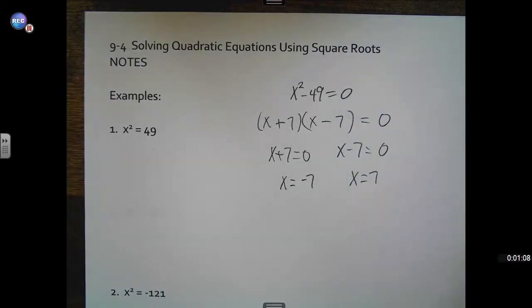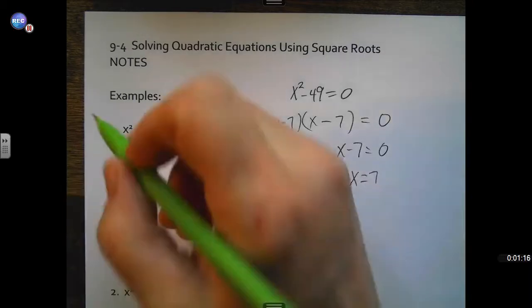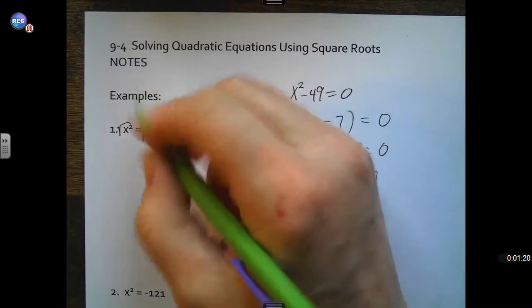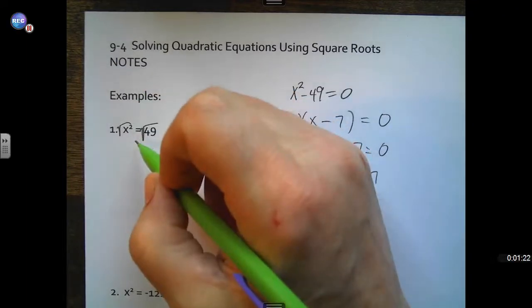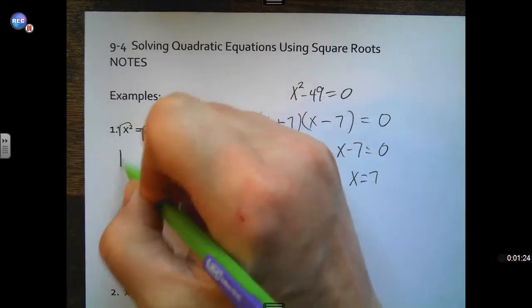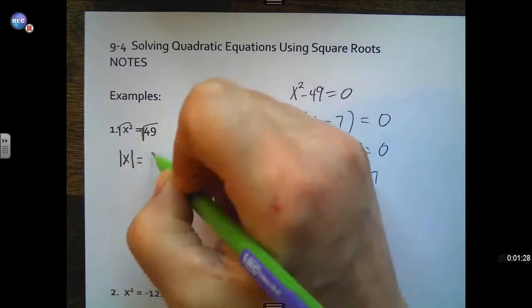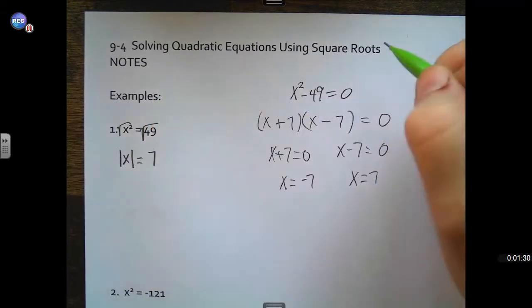Well, they also want us to be able to just take the square root of both sides and solve. Here's the long story about that. I take the square root here and the square root here. Technically, the square root of x squared is the absolute value of x, and the square root of 49 is 7.